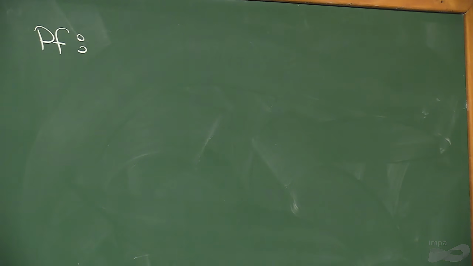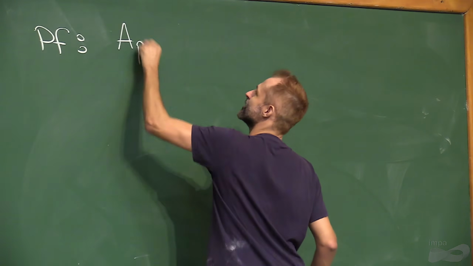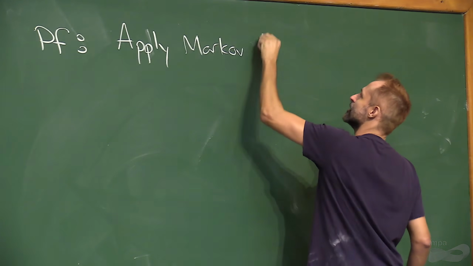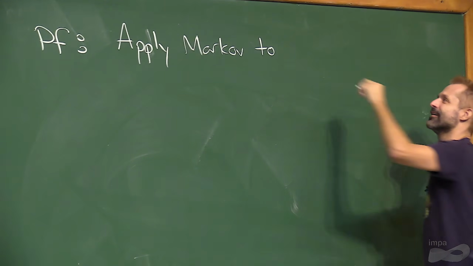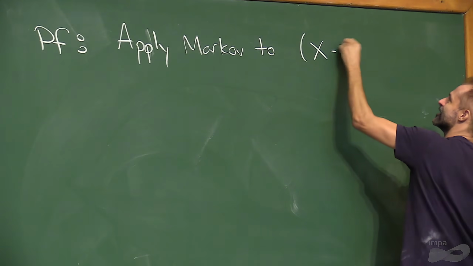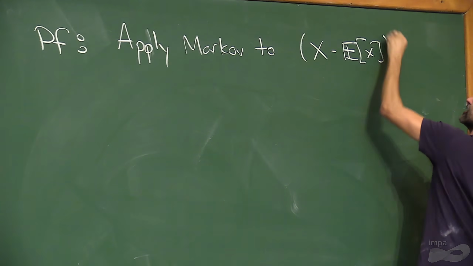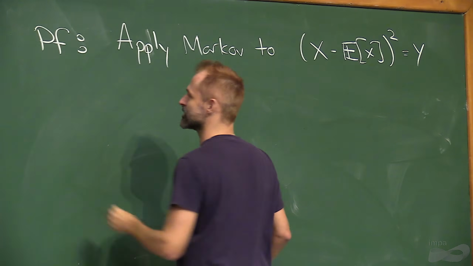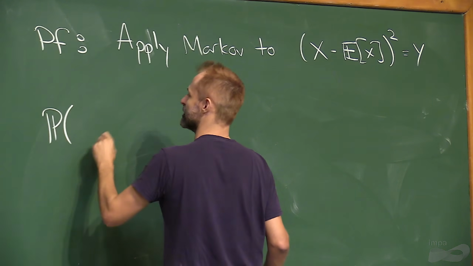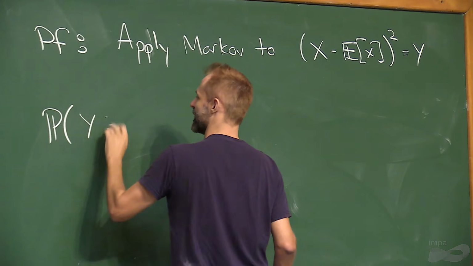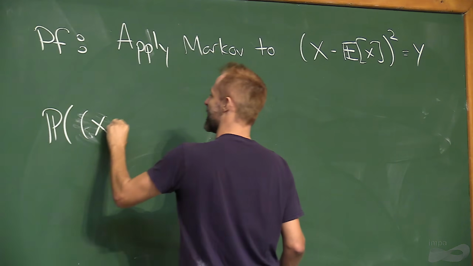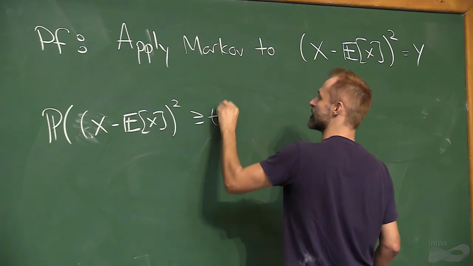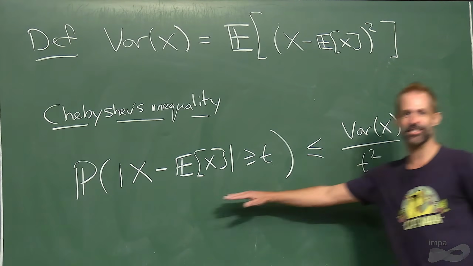Thank you. We just apply Markov to the square, exactly. Right? Let's call this y maybe. What do we get? So the probability that x minus expectation of x, squared, is at least t squared, which is the same thing as this, right?